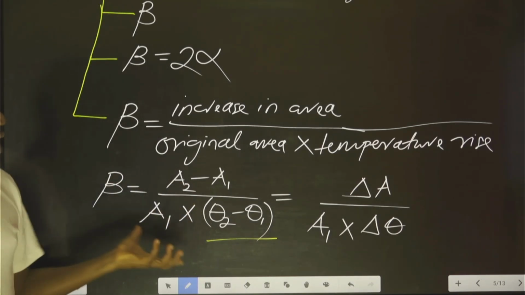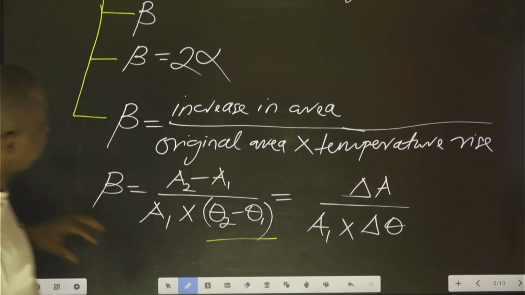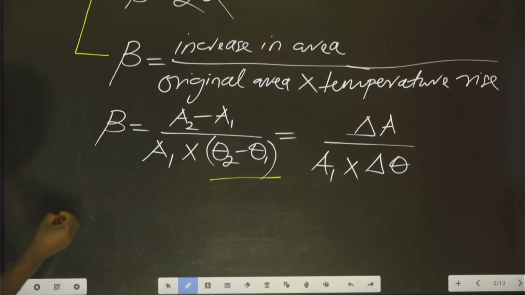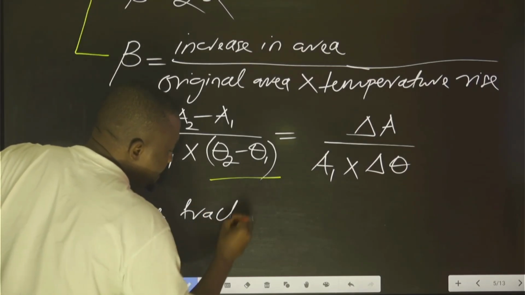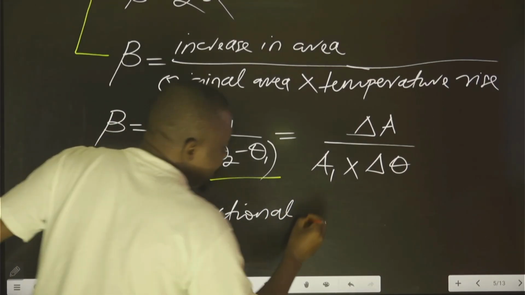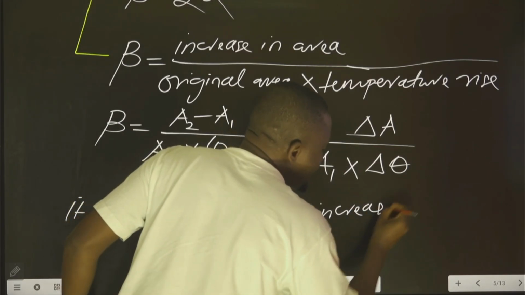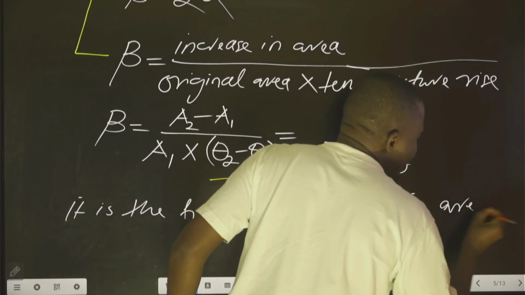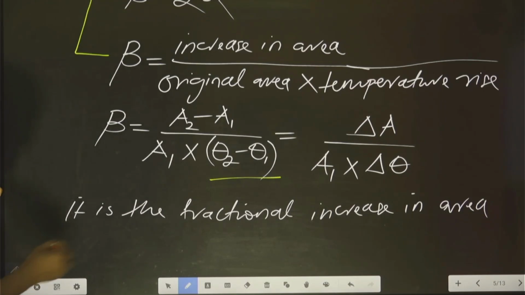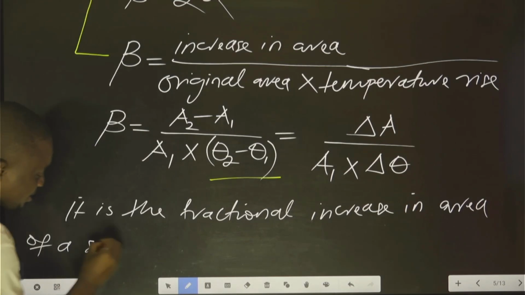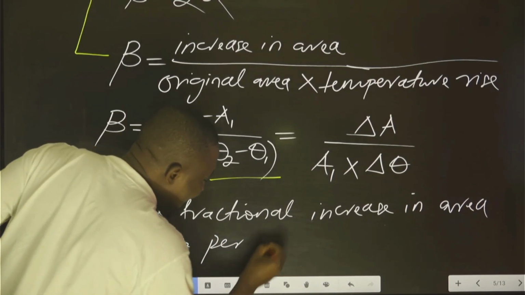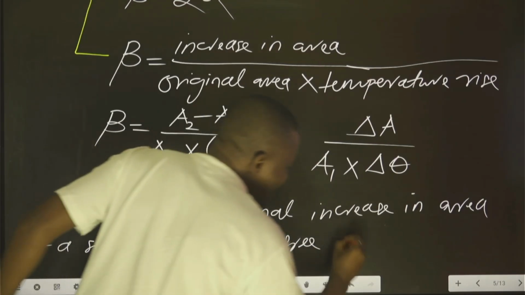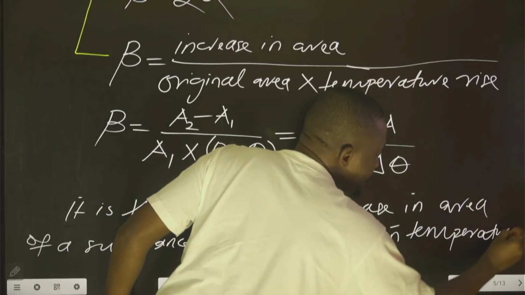You cannot define this now. With the knowledge of this, you can define this comfortably. How do you define it? It is the fractional increase in area, that is increase in area of a substance per degree rise in temperature.